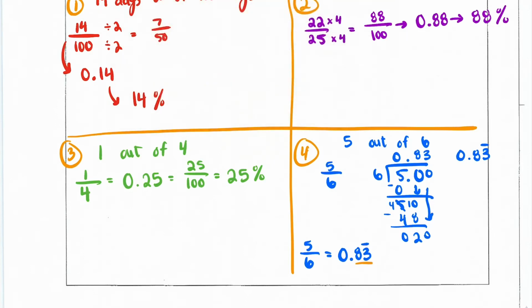Remember, percentages are always these two numbers right behind the decimal. So I know this isn't super exact. It's not the exact answer, so I'm going to use a little squiggly equal sign, and this means about, or if you want to be really fancy, approximately. Okay, approximately 83%.